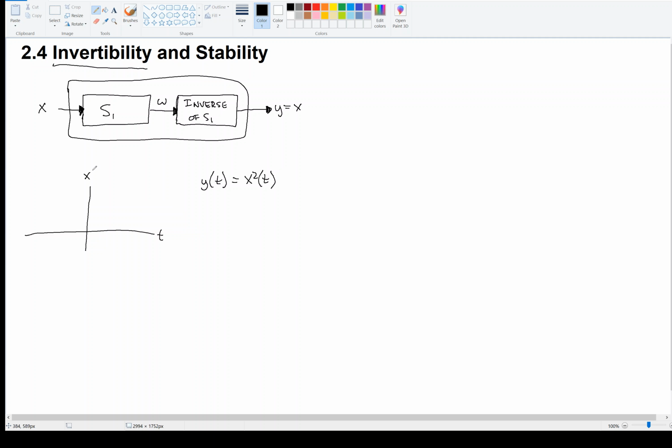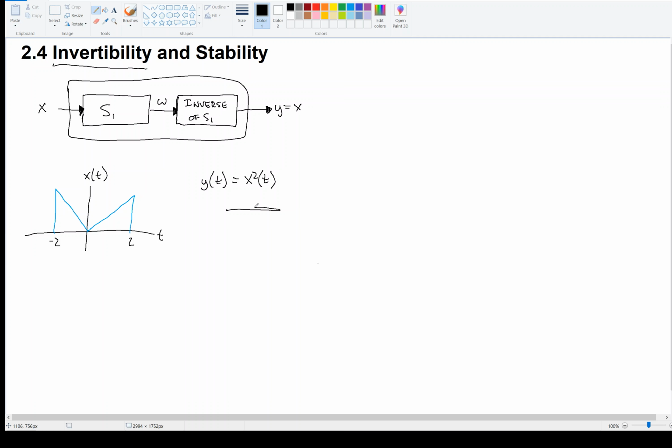So suppose I had an input signal, we'll just keep it very simple for now, that was kind of like this. Maybe this is 2 seconds or something, and this is minus 2 seconds. And I'm going to leave off the height of that on purpose.